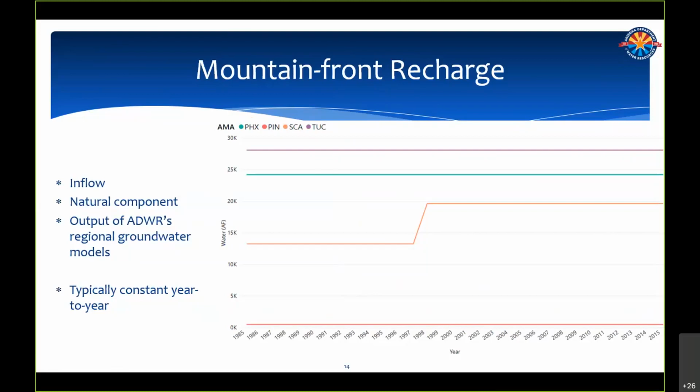But that's where we can try to adjust that component along with other components in the calibration process. Typically, the mountain front recharge is fairly insignificant overall, but it varies between models. There's some models where it is more prevalent than others.